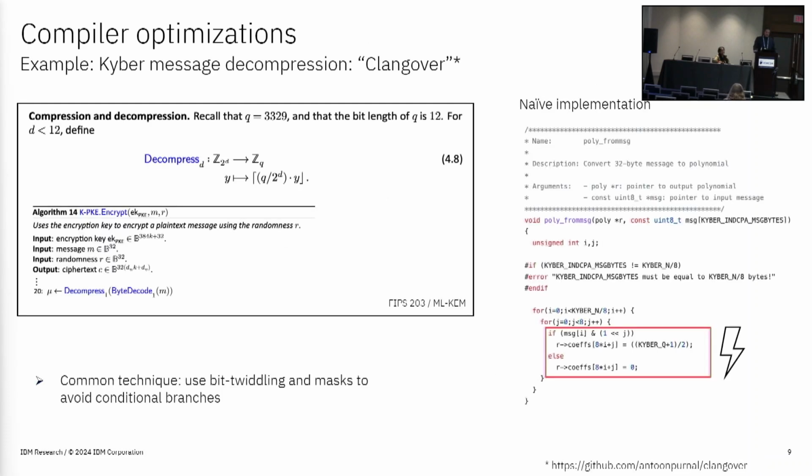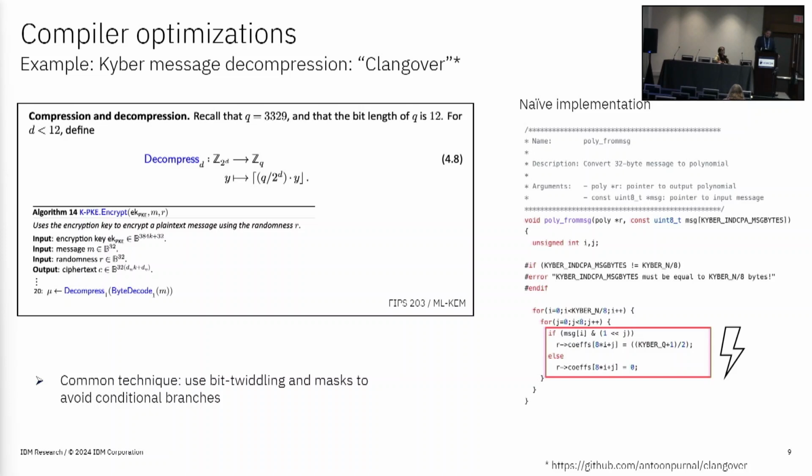And yeah, recently there was a case that was found by Purnal, that he termed KyberSlash, clang over, which was an issue in the implementation of decompression as part of MLKEM or Kyber.